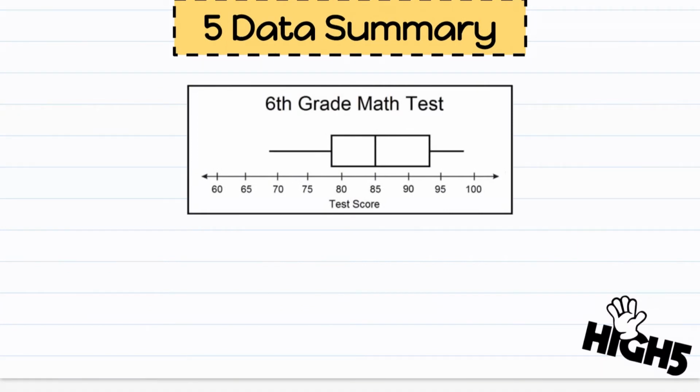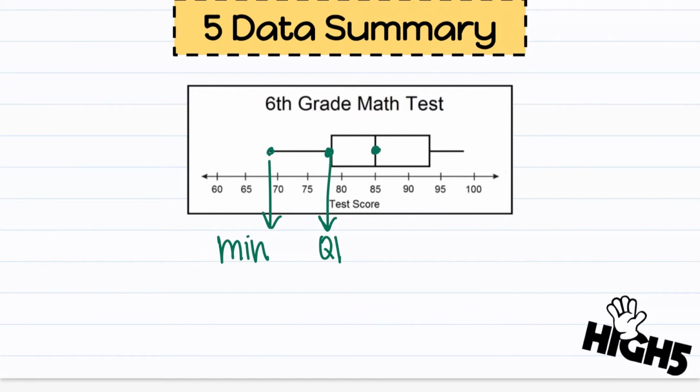We call box plots a 5-data summary because box plots are comprised of 5 different points. This first point represents our minimum, which is the smallest value in a data set. Our next point is what we call quartile 1, so it's the end of our first quartile.